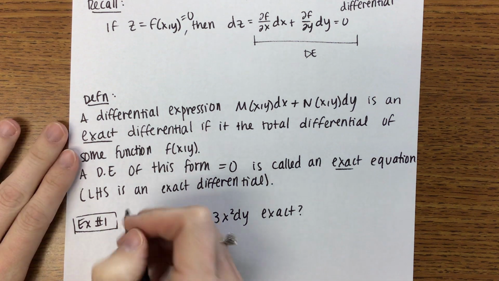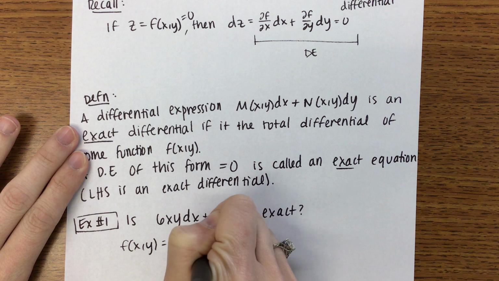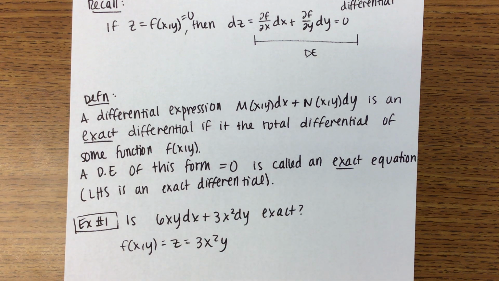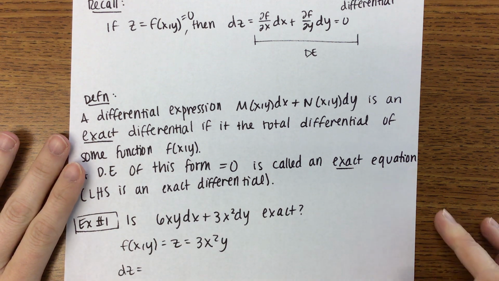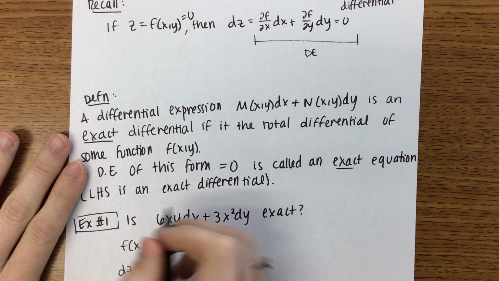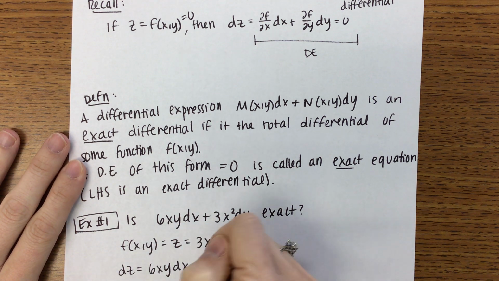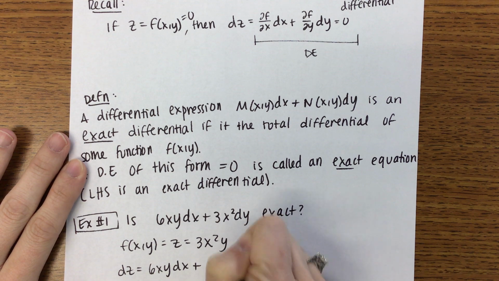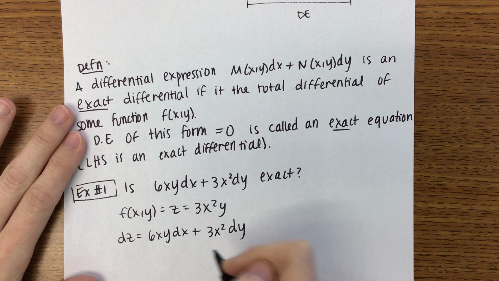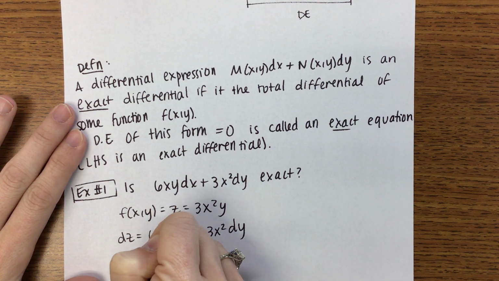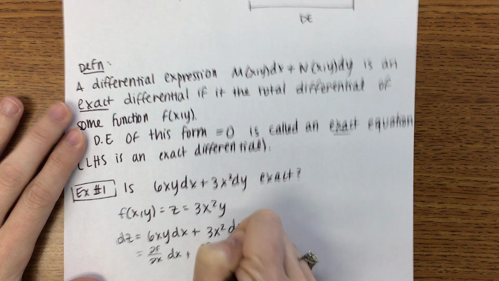3x squared y. So if we take our f of x,y, or our z, to be 3x squared y, the dz then, our total differential, partial with respect to x, so in this case 6xy dx, partial with respect to y is 3x squared dy, which is in fact partial of f with respect to x dx, and then the partial of f with respect to y dy.